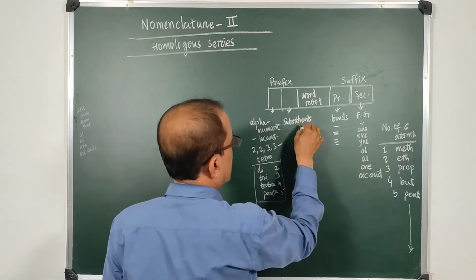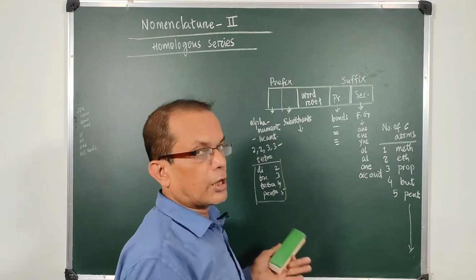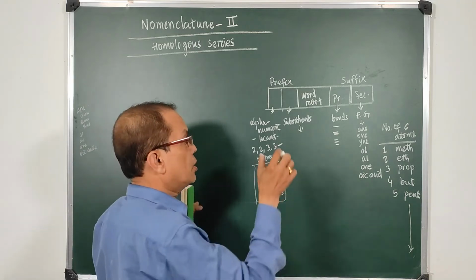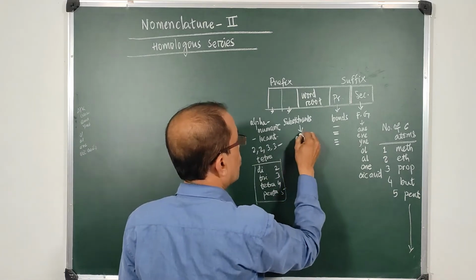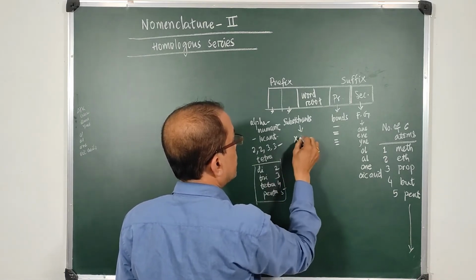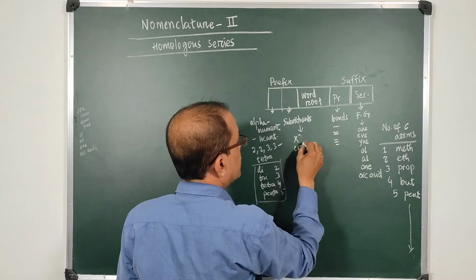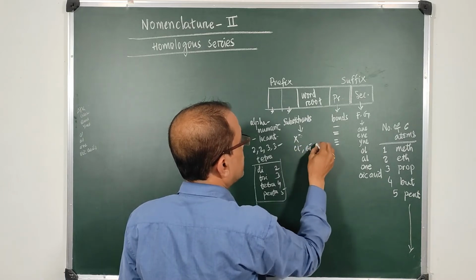And the substituents are like the atoms or group of atoms or ions which generally replace the hydrogen atom. So they will be like say halides, which are chlorides, bromides, iodides.